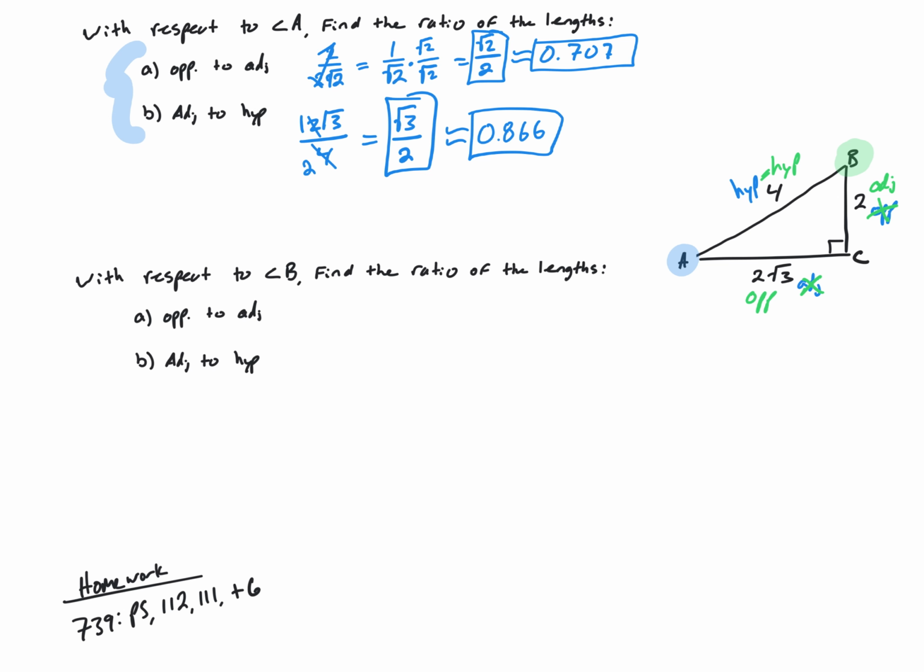So now if we want to do the opposite over the adjacent, it's going to be that 2 square roots of 3 over 2. Which those reduce down, so it just gives me the square root of 3, which is about 1.732.